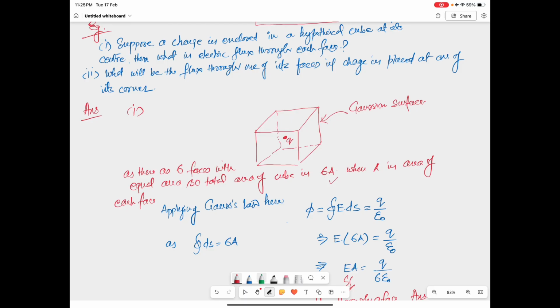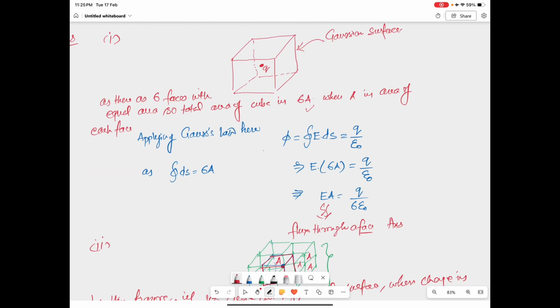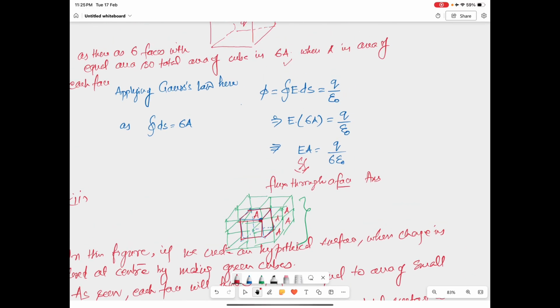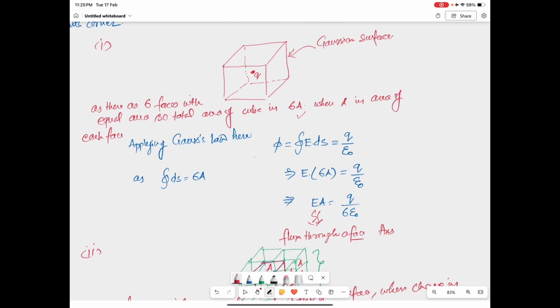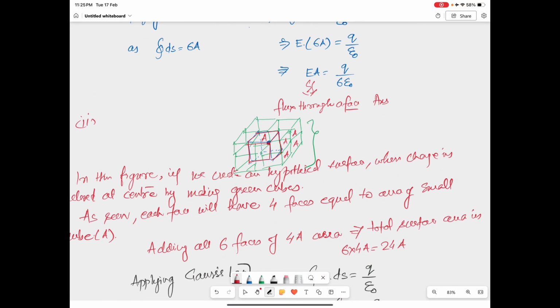Now the second part is: what will be the flux through one of its faces if the charge is placed at one of its corners? You can see that there is a red cube, and I have placed the charge at one corner. To bring it to the same type of question, because Gaussian surfaces are hypothetical surfaces, I can make any surface.